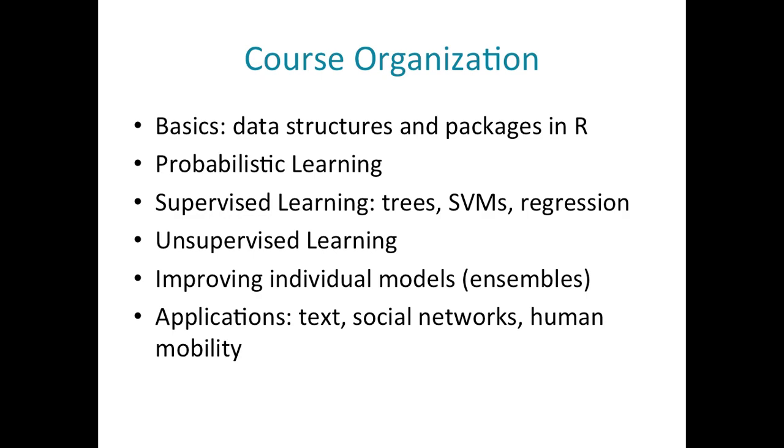And then throughout this course, through different examples, we will see applications of different supervised and unsupervised methods to text, to social networks, as well as mobility patterns. Okay, so we will see how the different methods that we are using can be applied in different settings.